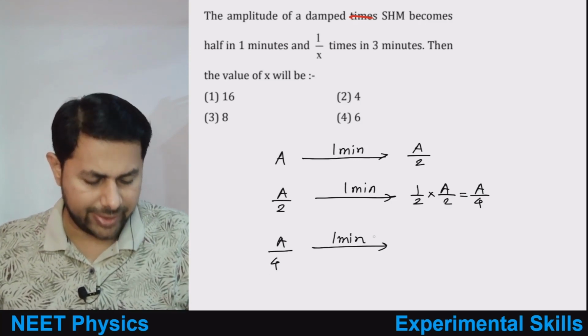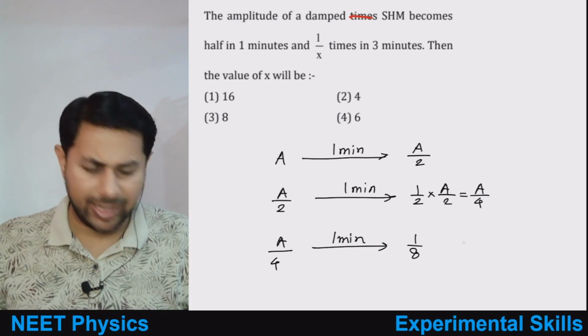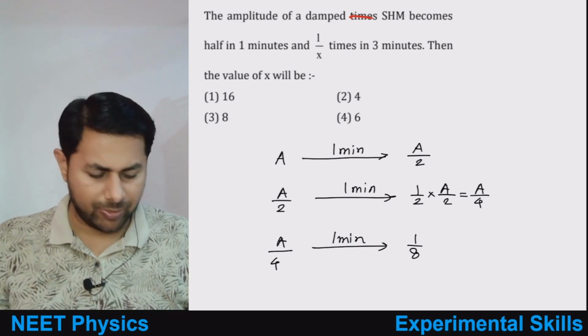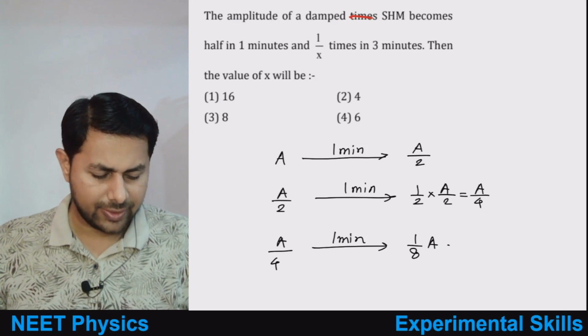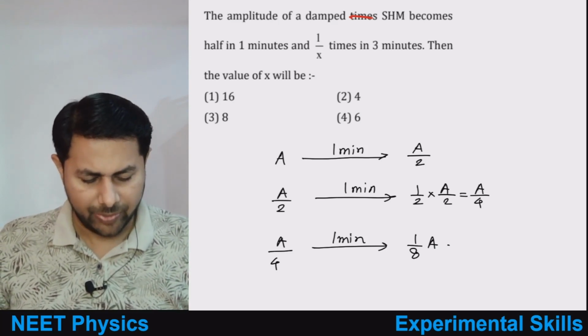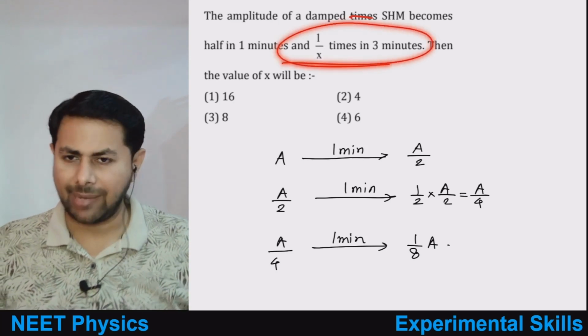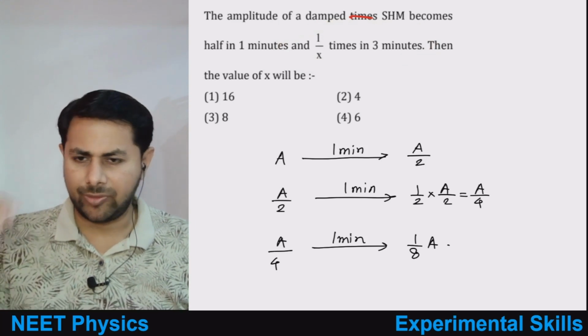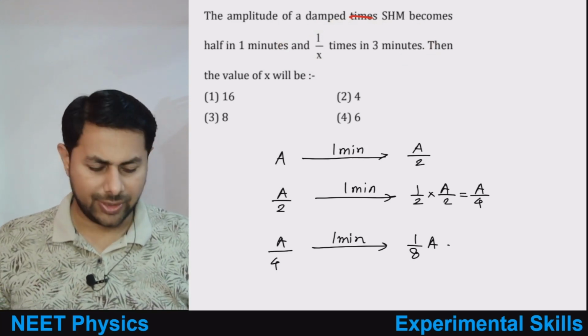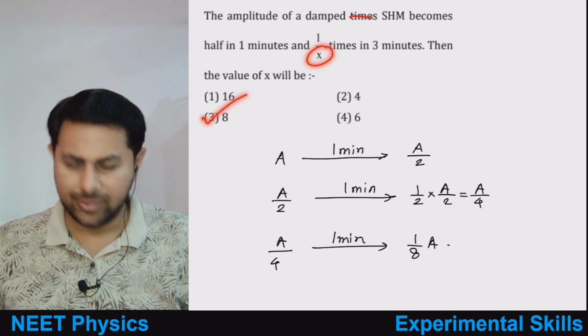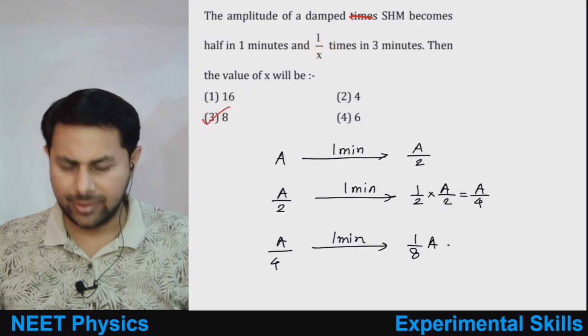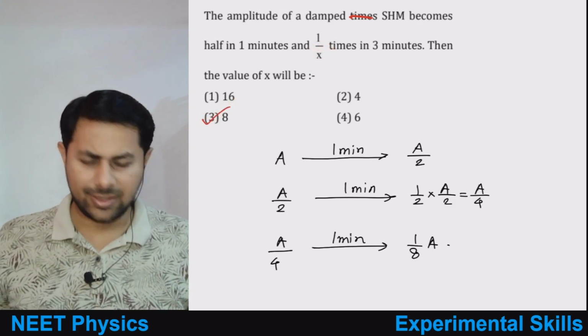After another minute, what will happen? It becomes 1 by 8, half of A by 4. So after 3 minutes, what happens to the amplitude? It becomes 1 by 8. So what is x? It is 8. Right, this thing is clear.